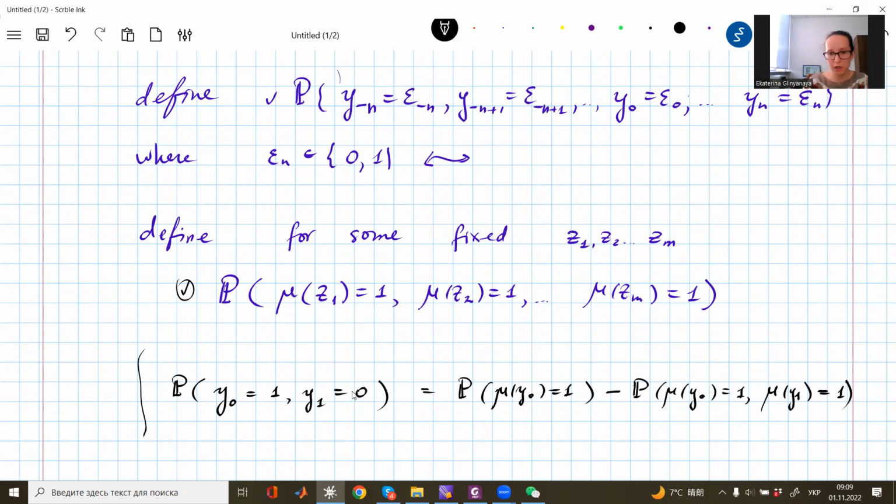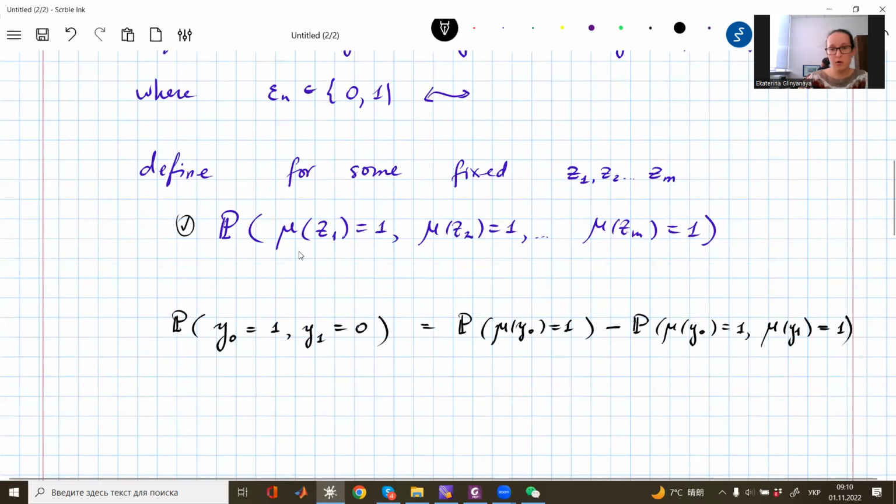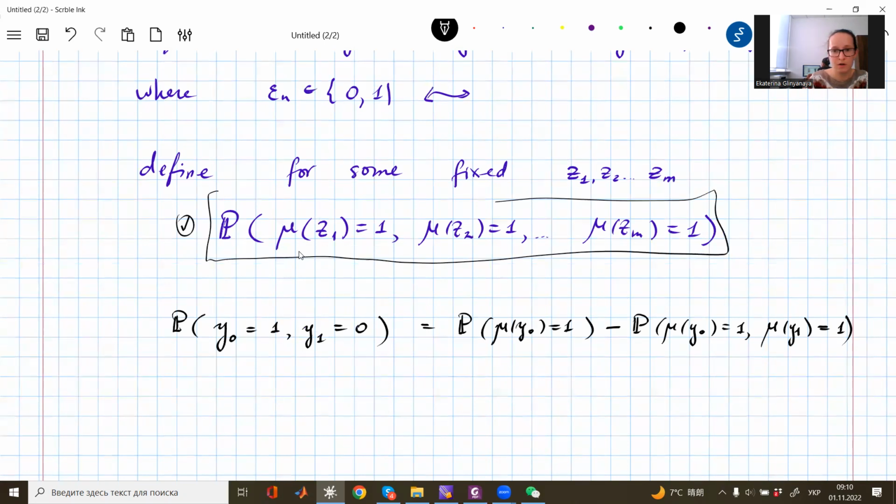So using such probabilities, you can find all probabilities of the finite dimensional distribution. So the main idea of this story is that it's enough to consider such probabilities. We are just interested in the probability that at some fixed points we have a particle.